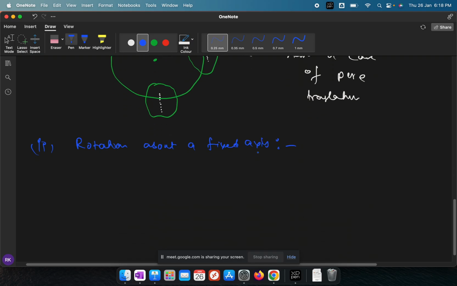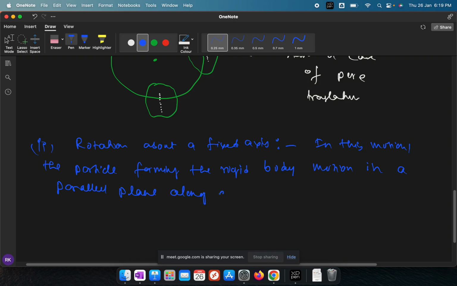In this motion, the particles forming the rigid body move in parallel planes along circles centered on the same fixed axis, and this fixed axis is called the axis of rotation.